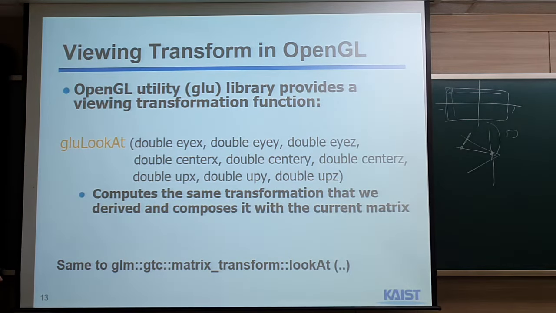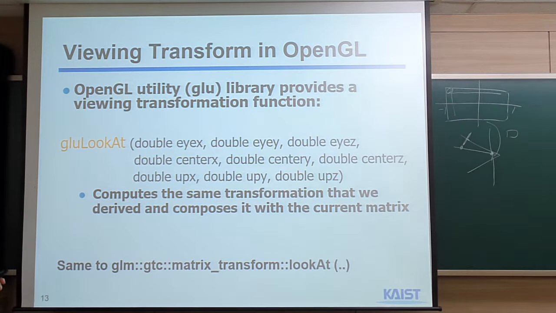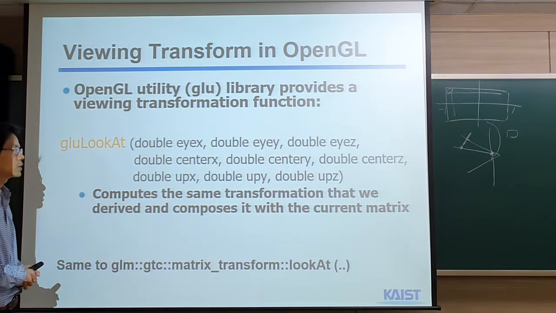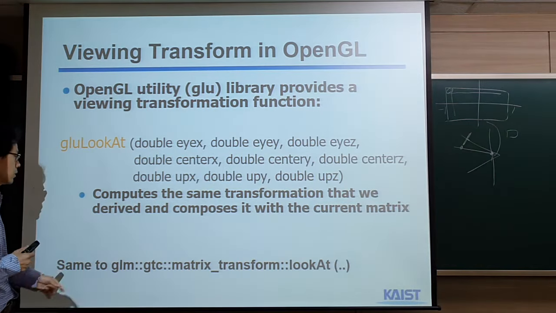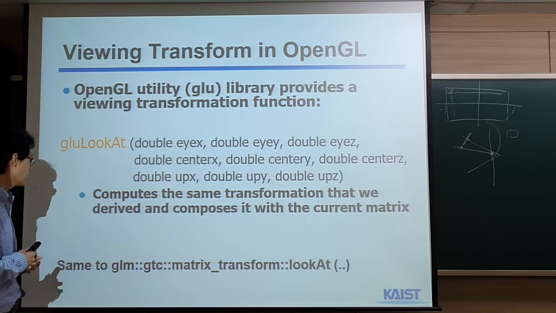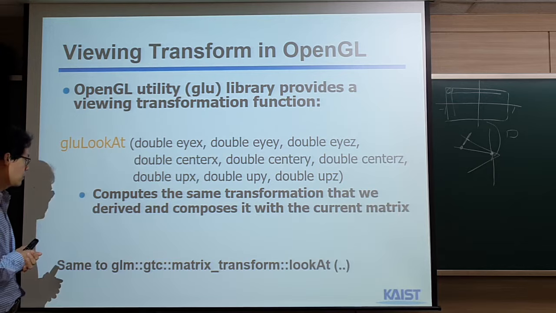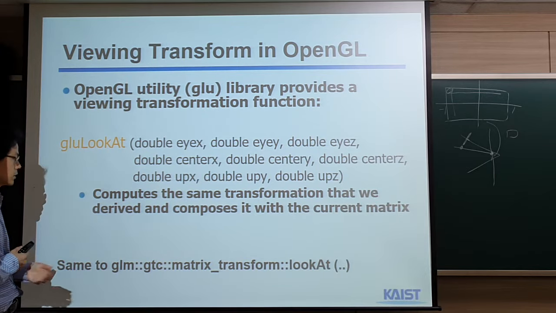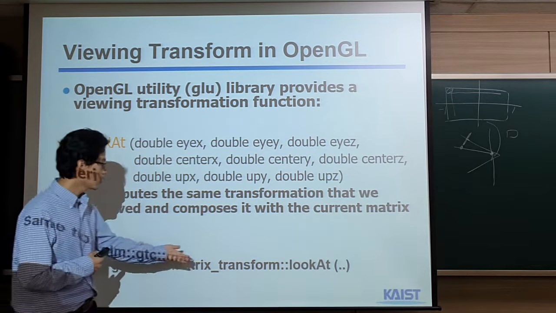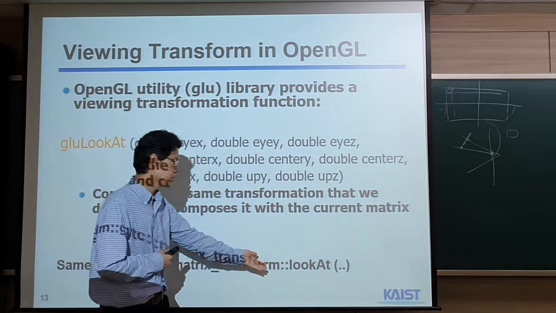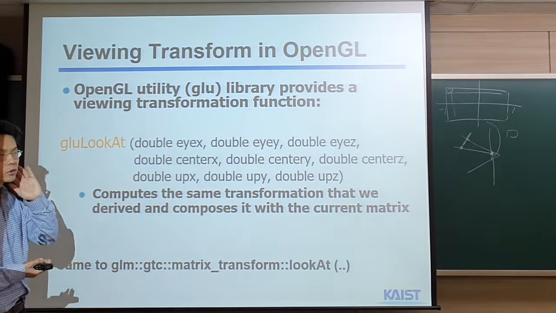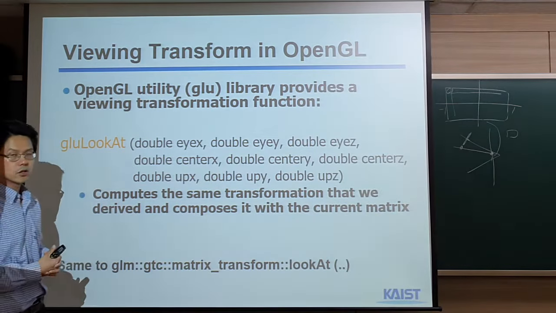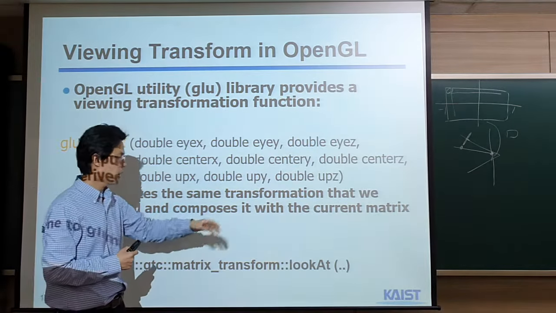Also, some of the recent OpenGL versions require you to work directly with the matrix. For those, you can use a library, and it also provides a very similar API, lookAt. My main message is that once you know this concept, you can identify the corresponding API.